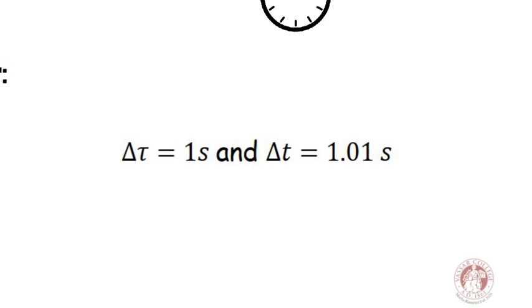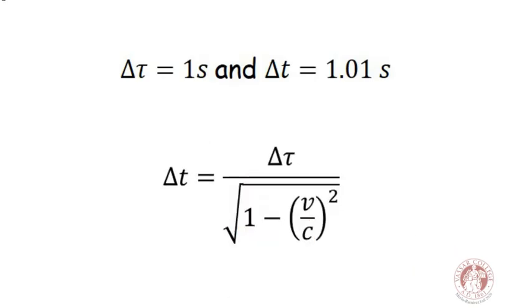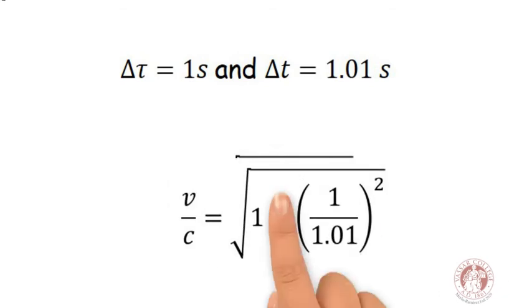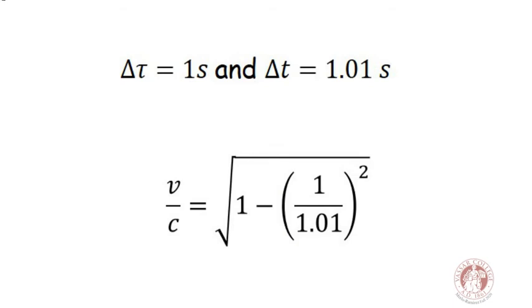In this case, we need to calculate the speed of the moving object from the time dilation equation. This means that by solving the equation for the speed, we get... introducing the values of delta tau and delta t, the equation is the following. Finally, we get.